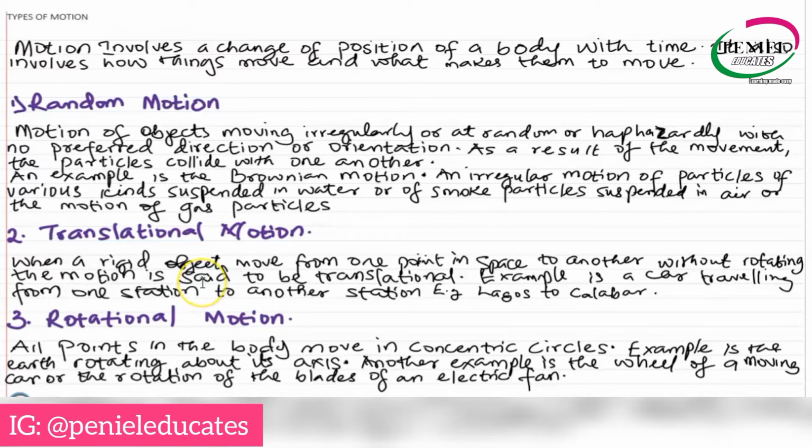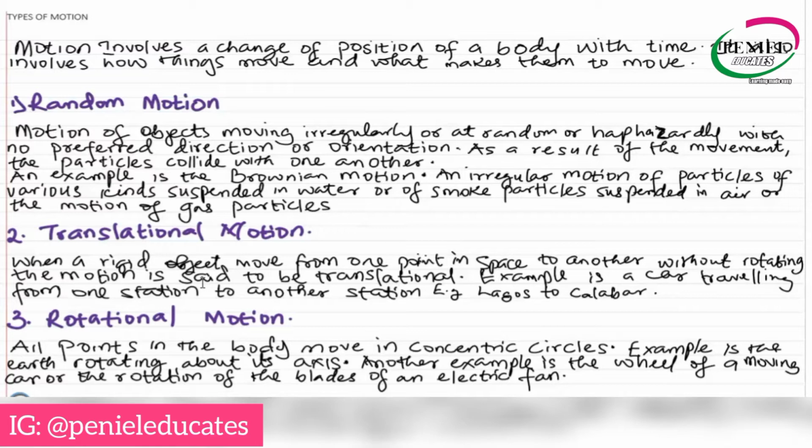The second type of motion that we'll look at is translational motion. When a rigid body or a rigid object moves from one point in space to another without rotating, the motion is said to be translational. One thing you need to know is that in translational motion, every point in the body remains relatively fixed to one another.